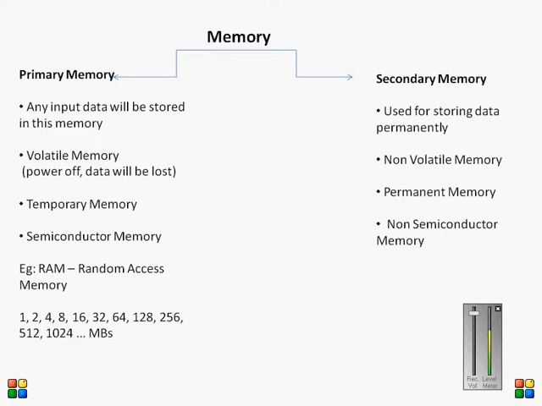So the minimum size of the RAM can be 2 power 0, which is 1, and 2 power 1 is 2, and similarly 2 square, 2 cube, it is 4, 8, 16, 32, 64, 128, 256, 512, 1024 and so on. These are the different sizes which we get in RAM. And the examples of secondary memory are a floppy disk, a hard disk and also a compact disk.